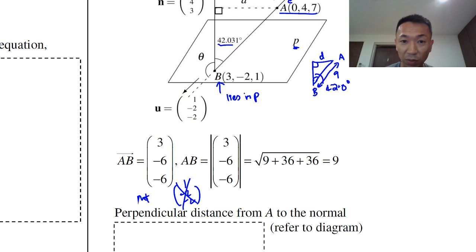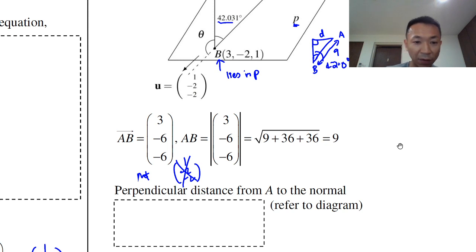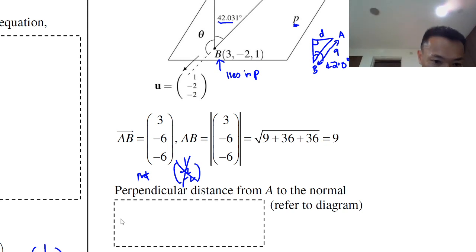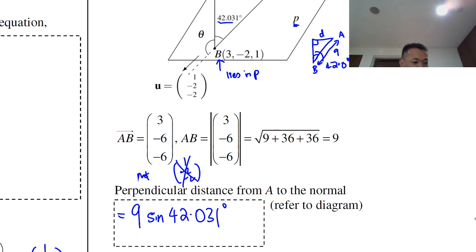Sine, because you are using opposite over hypotenuse. So therefore the perpendicular distance is 9 sine 42.031 degrees, which is 6.03.